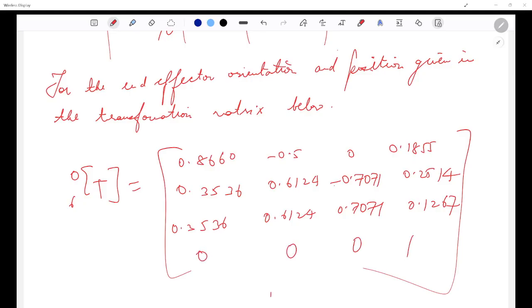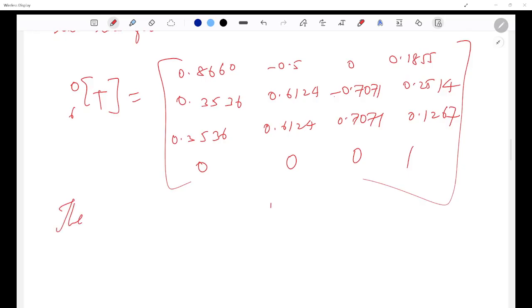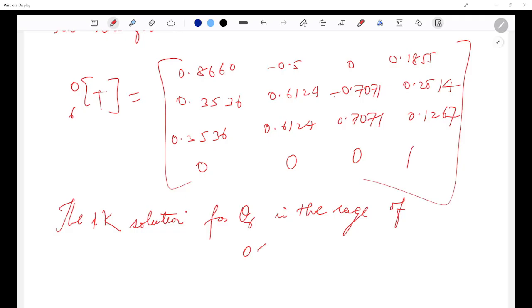All right. So the question is, the inverse kinematics solution for theta 6 we want to find out, in the range of 0 to 45 degrees. Okay, this is what we want to find out.